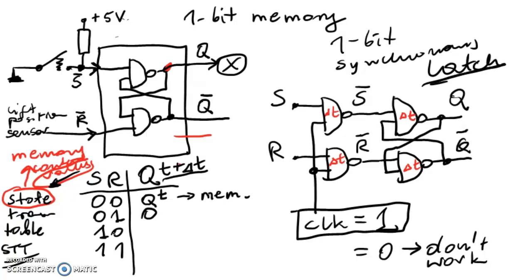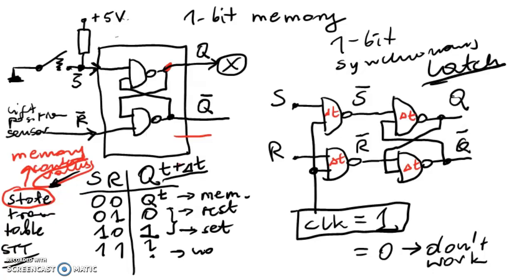S equal to 1 is active high and means set, means 1 on the output. And these two commands are reset, so put 0 to the memory, and set, put 1 to the memory. Okay. Store 1.